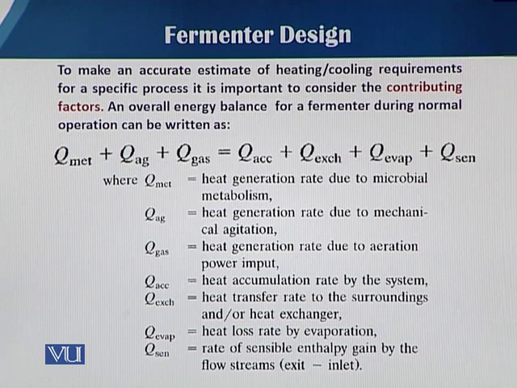And then Q sen is the rate of sensible enthalpy gained by the flow stream. When there is a flow, it absorbs some of the heat energy. So according to this equation, if we know all these factors, then we can estimate the actual heat required to be exchanged.